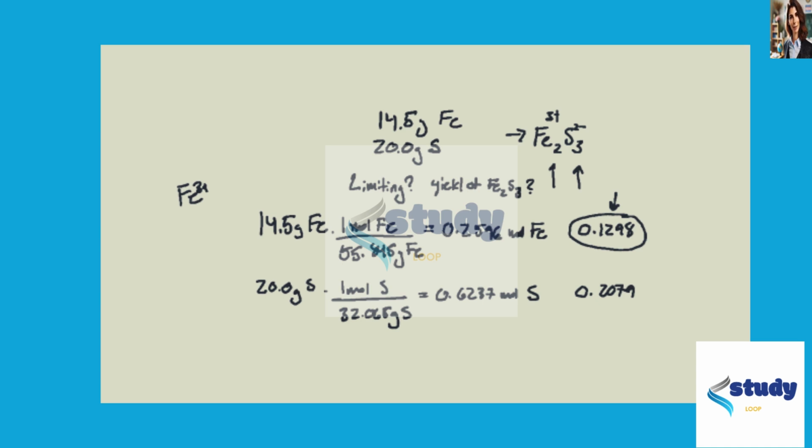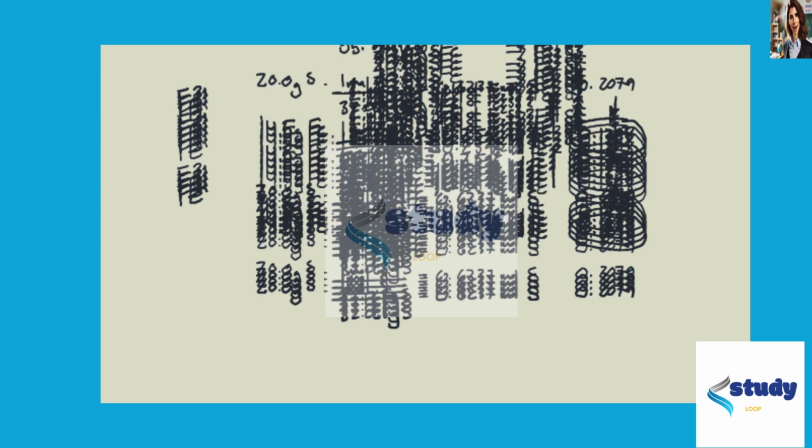So now the question then is, what is our yield of iron sulfide, or our theoretical yield? Well, we take this number of moles of iron sulfide that we can make, and we figure out how much it weighs. Okay, so the limiting reagent is iron.